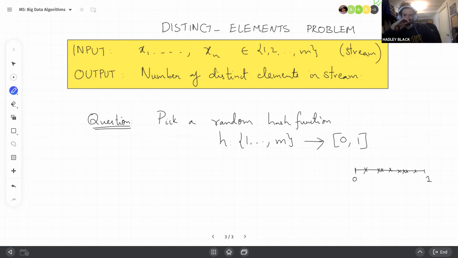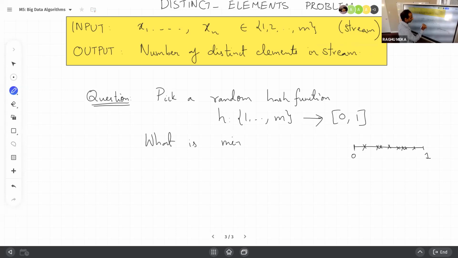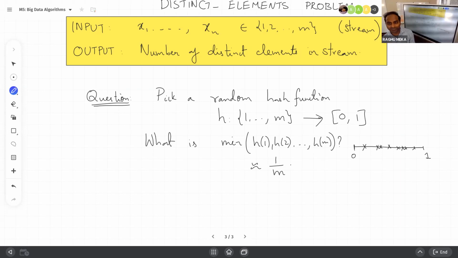And that's exactly what we are going to exploit. So the idea is: what is the min of these? It turns out that this is basically 1 over m. And this gives us a handle on how many distinct elements there are.